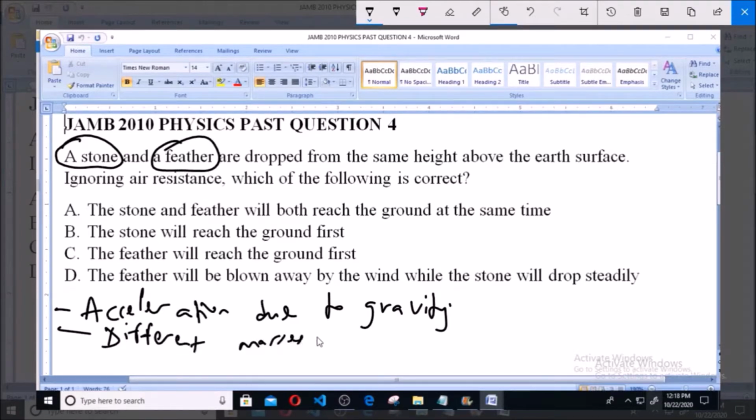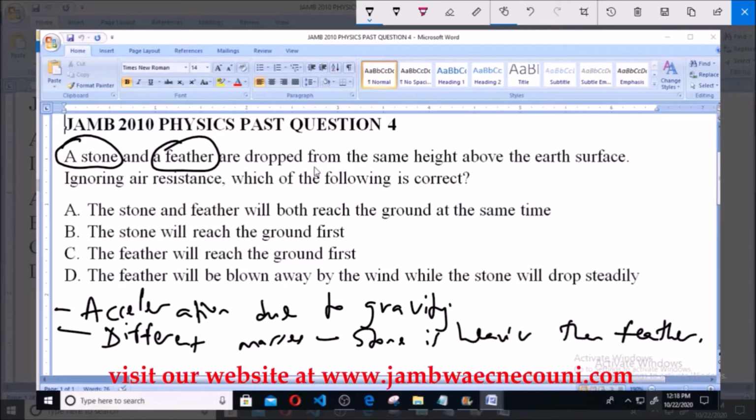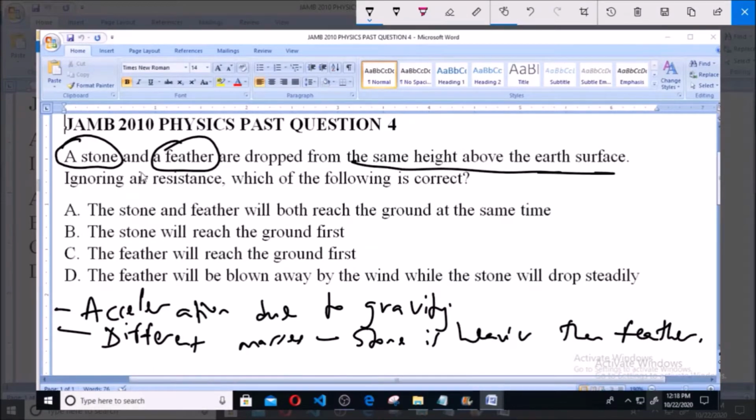So obviously the stone is heavier than the feather, and they are dropped from the same height above the Earth's surface. Now we are asked to ignore air resistance. Now this is the crucial part of the question. Ignore air resistance, so without air resistance, what will happen?